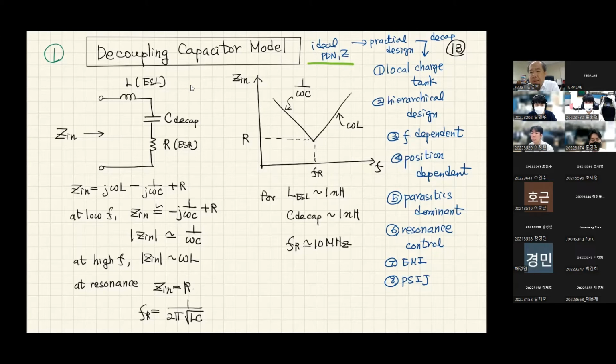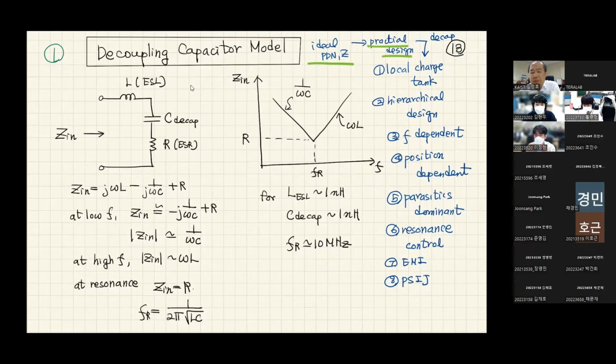But it is almost impossible to realize an ideal PDN. So we have to have some practical design of the power distribution network, with consideration of engineering and physical design in addition to cost consideration.